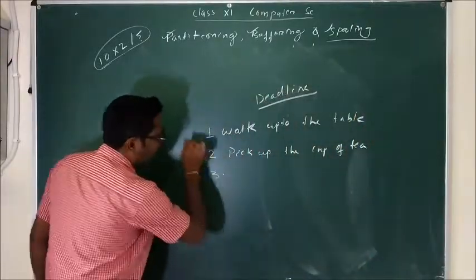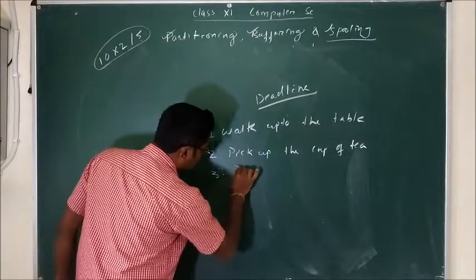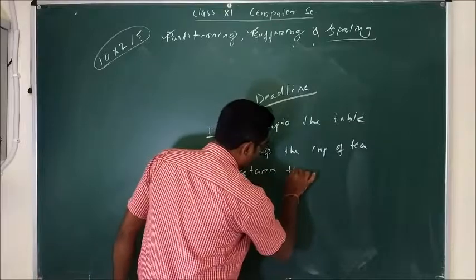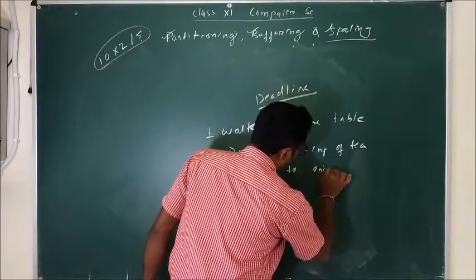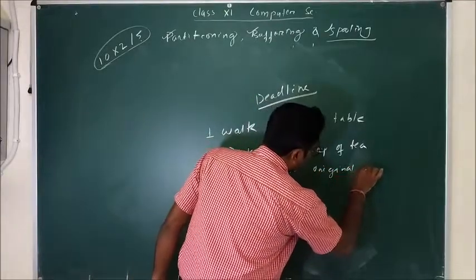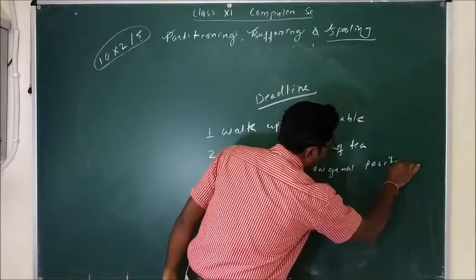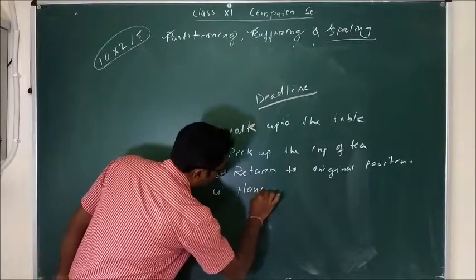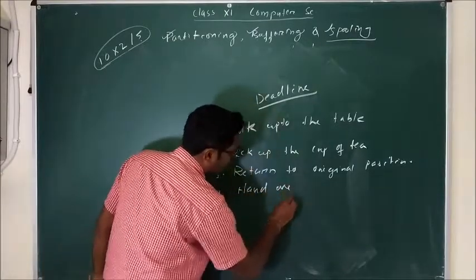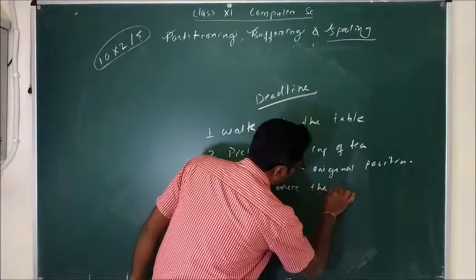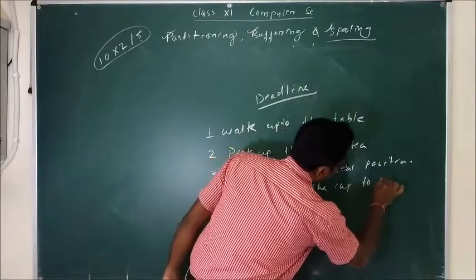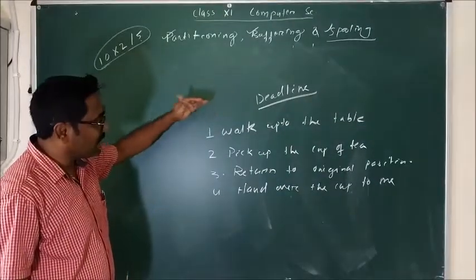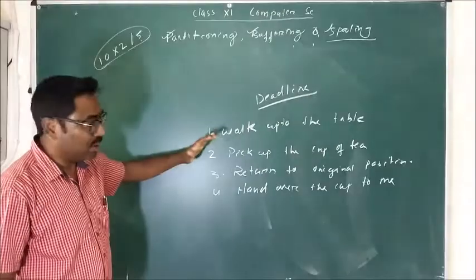The third command I am giving is return to original position. The fourth command is hand over the cup to me. Now these are the four commands given to a robot.